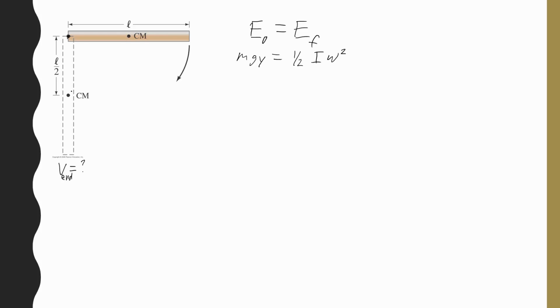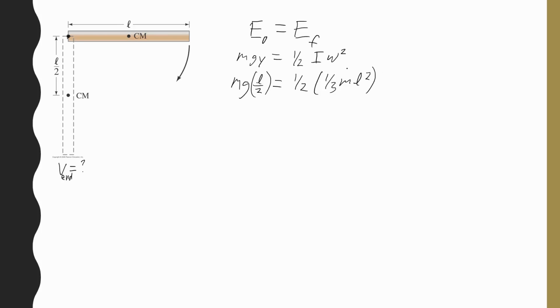So the center of mass only falls a distance L over 2, so that's what we're going to plug in for our change in vertical position. Then we need the moment of inertia of a rod rotated about the end, and that is 1/3 mr squared. In this case, r is length L, so 1/3 mL squared.